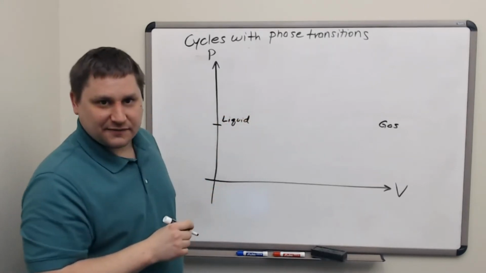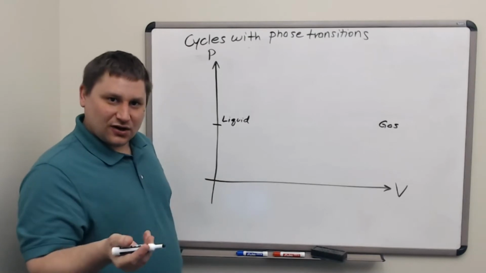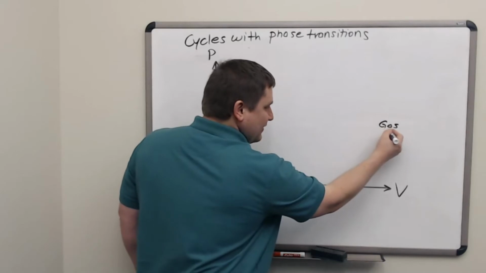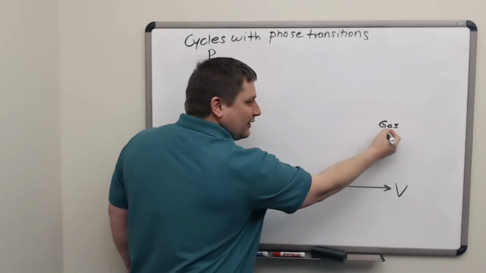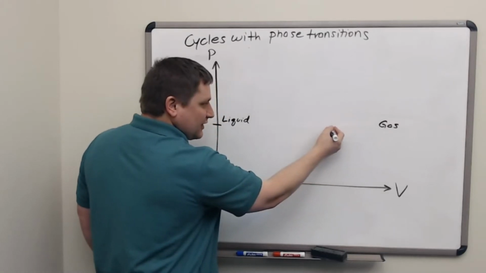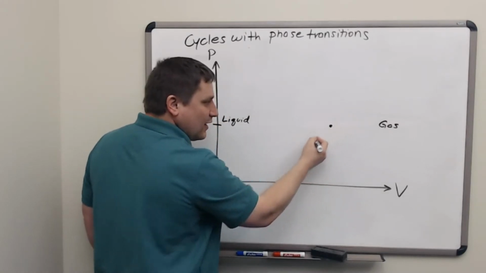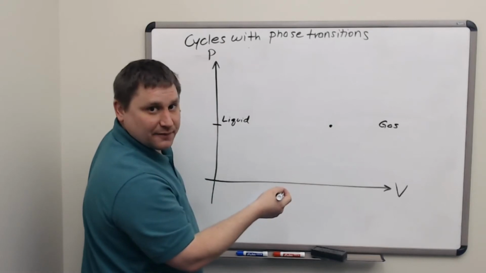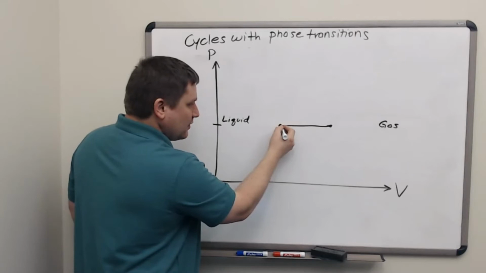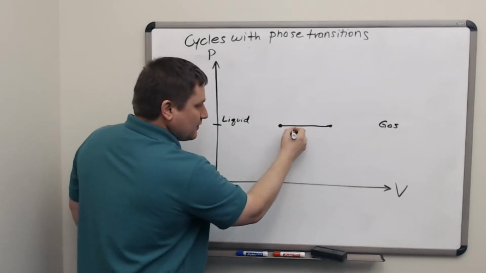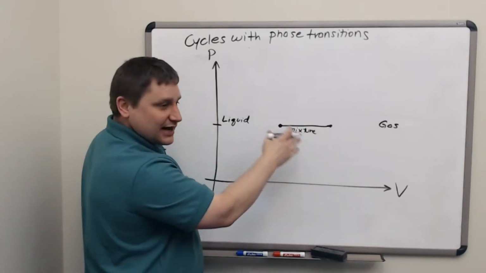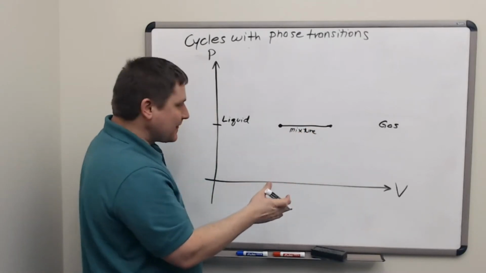So when we find ourselves in the low volume region of the PV diagram, we are in a liquid phase. So if we stay along an isobar of constant pressure, beginning with a high volume and slowly compressing or removing heat, we're eventually going to reach a point where a bit of liquid begins to appear. So we have a segment of volumes here in the middle where we have a mixture between gas and liquid in the same space.